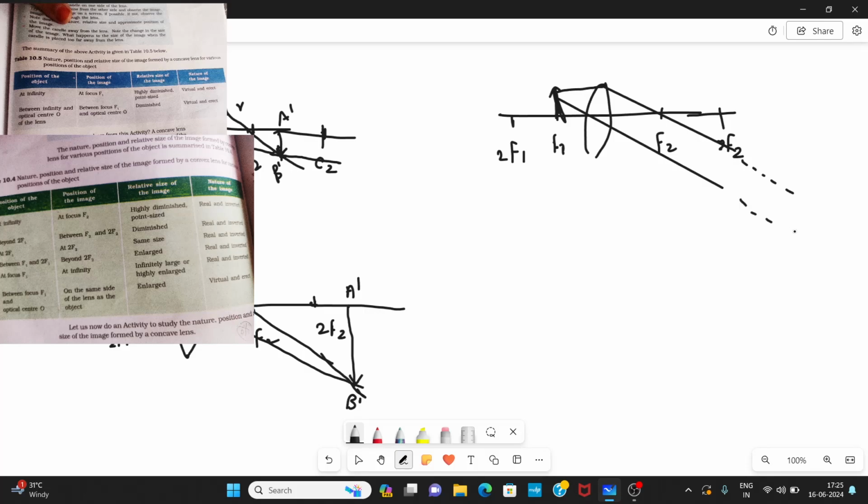So we cannot actually see the image here. In this case, if you keep the object at f1, the image would be seen only at infinity. We could not actually see the image, and we would say that it will be at infinity.